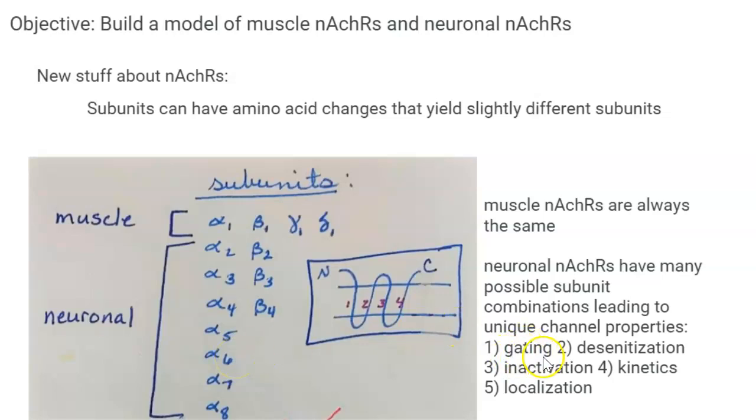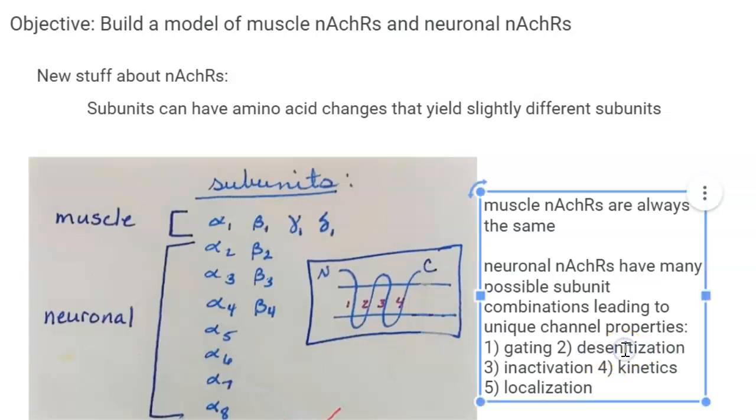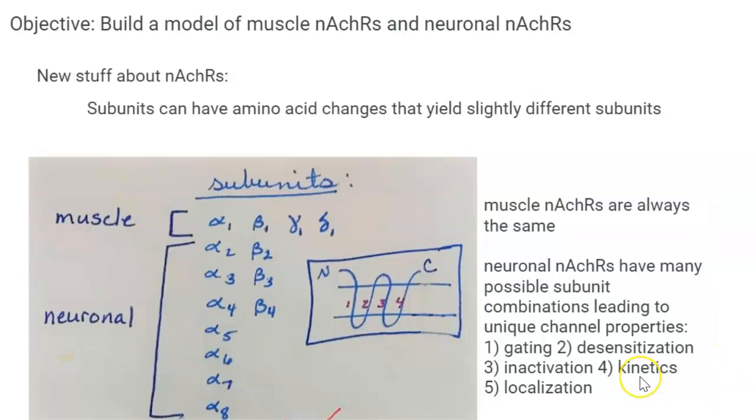So it can change the gating of the channel, like how fast or slow it opens or closes, the desensitization of the channel, so how other things can interact with it to basically desensitize or shut off the channel, its inactivation, its kinetics, so the speed at which it opens and closes, and then how they are localized at the postsynaptic membrane. So some things can be changed because of the different subunit combinations for individual channels.